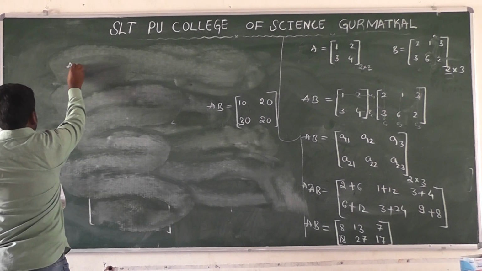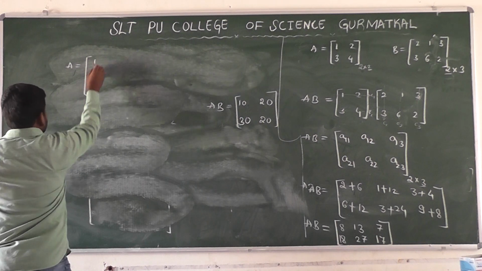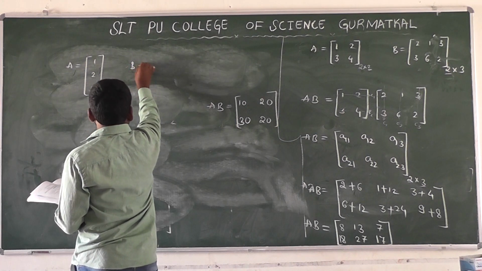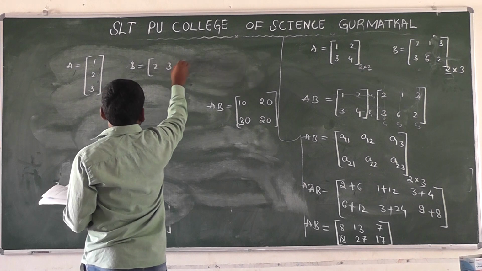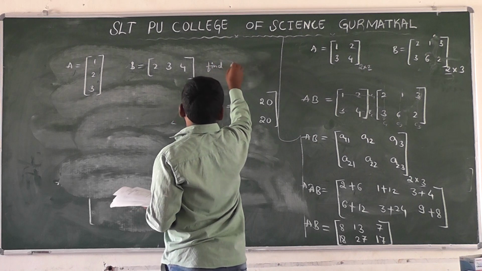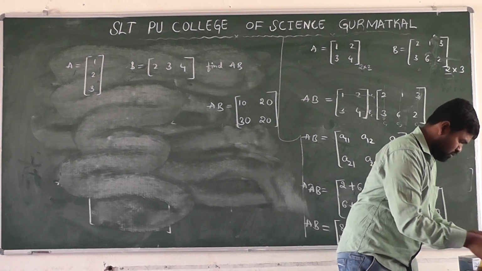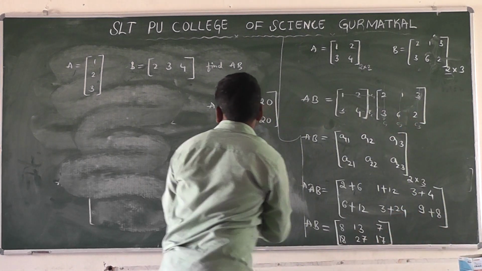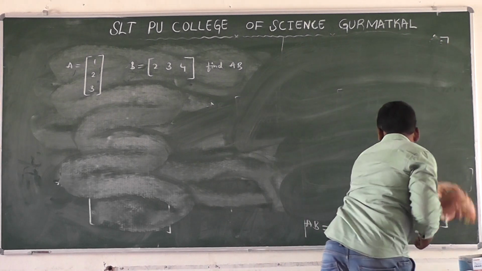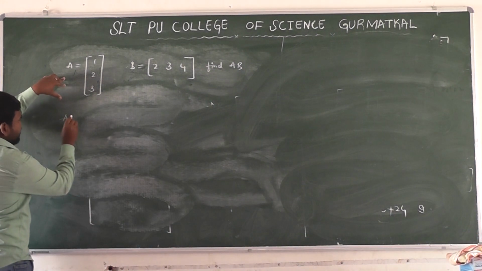Here A is equal to the matrix 1 2 3, B is equal to... Find AB. Then matrix multiplication, A.